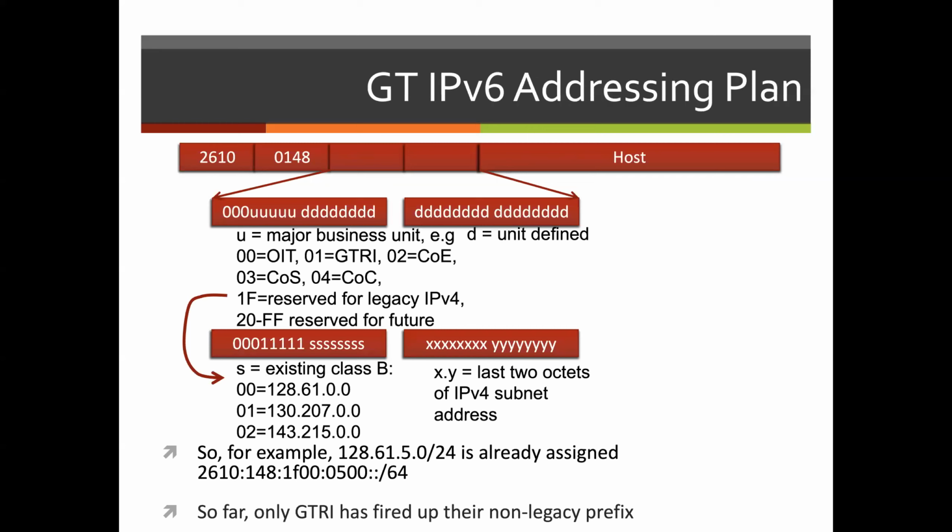And so if we wanted to consider how this is encompassed on campus, we would have appropriate bits that represent the major business units that are utilized. We can have it represent the existing class, and X and Y represent the last two octets and are similar to our IPv4 subnet addressing scheme.